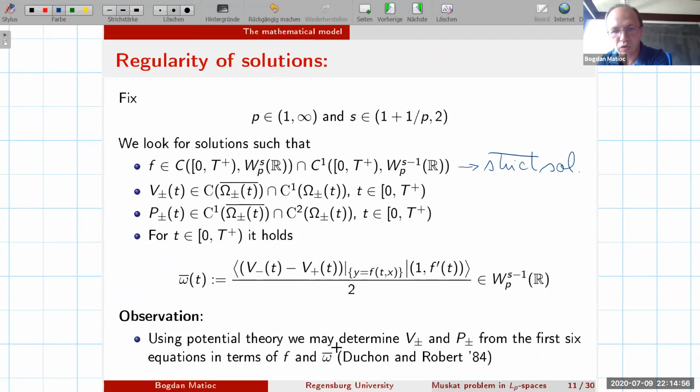And this is something which was done first by Duchon and Robert in '84 in the context of the Muskat problem with equal viscosity, so when mu minus equals mu plus. The advantage is that one gets rid of these 2 variables, v and p, but on the other hand, one obtains some singular integrals with kernels which depend nonlinearly on f, and this makes the problem in some sense more complex.